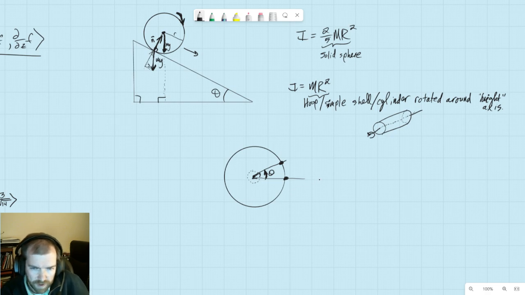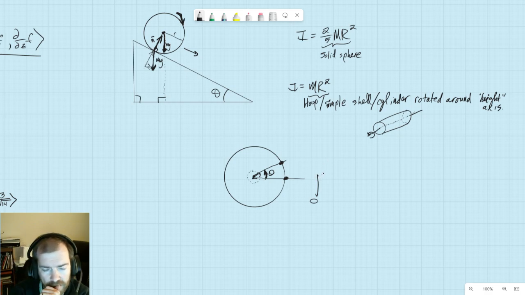So I'm trying to figure out. It's going to be the integral from 0 to r.